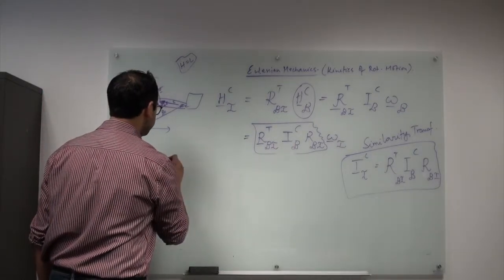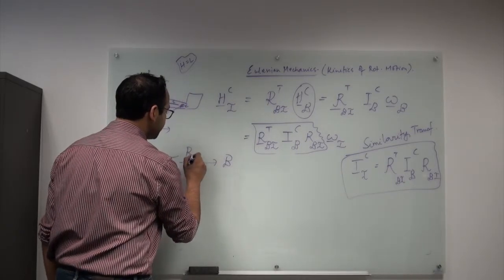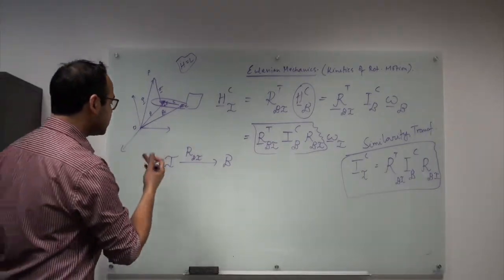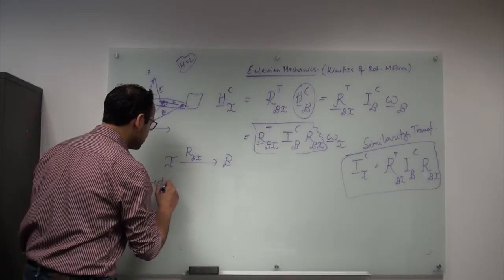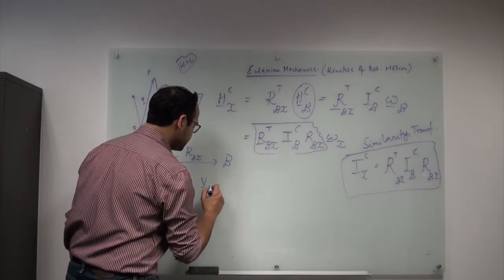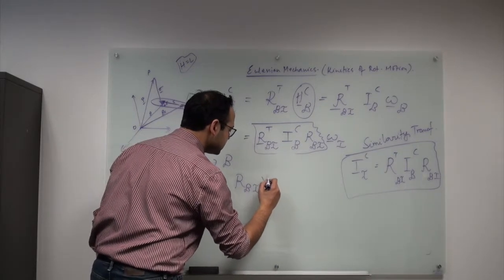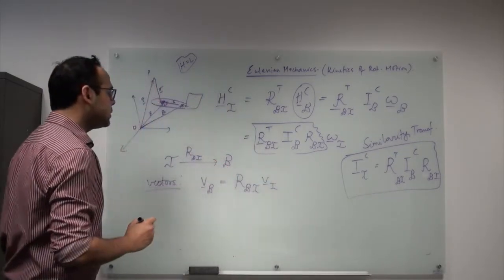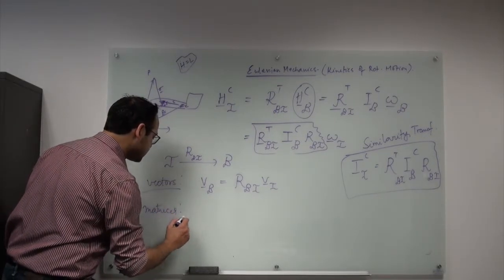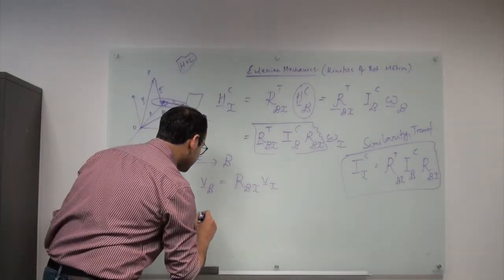Okay, so what we found is that when you go from one frame to another, say from I to B, and we know that the transformation is RBI, then vectors transform as follows from I to B. Take any vector V to transform as that. But matrices computed in these two frames would transform through so-called similarity transformations.